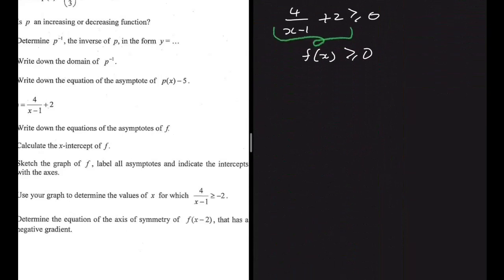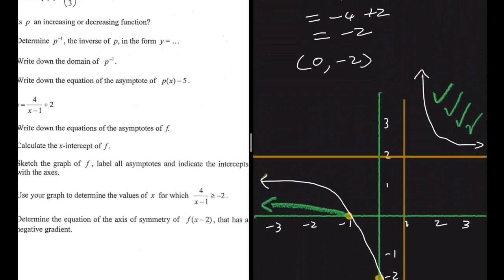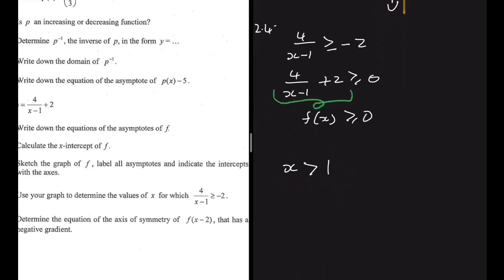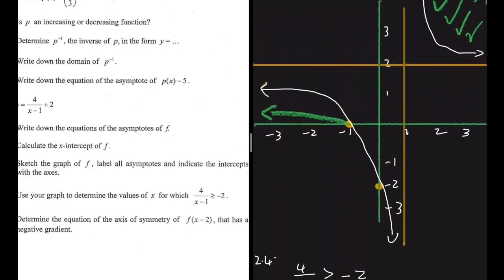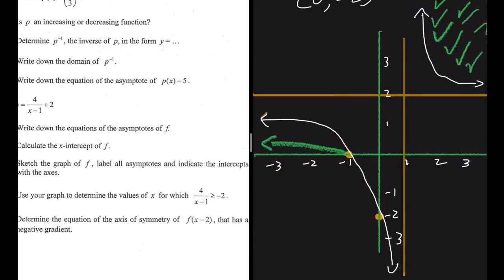So part of our solution, we have x being greater than 1, right? When x is greater than 1, our function is clearly greater than 0, right? And then when x is less than or equal to minus 1, our function is also greater than or equal to 0.